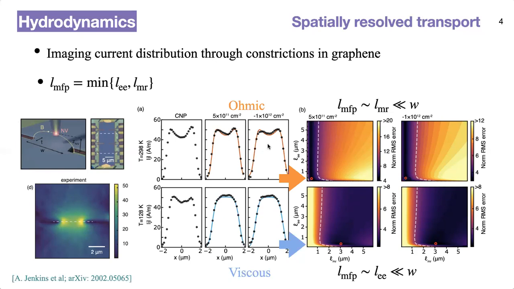And we call it the ohmic regime because the momentum is rapidly relaxed macroscopically. Once we decrease the temperature, the current profile starts to concentrate near the center, mimicking the classical viscous flow. And this viscous regime is really dominated by hydrodynamics because further evidence is that when we compare to the theory, we find that now the mean free path is given by the electron scattering length.